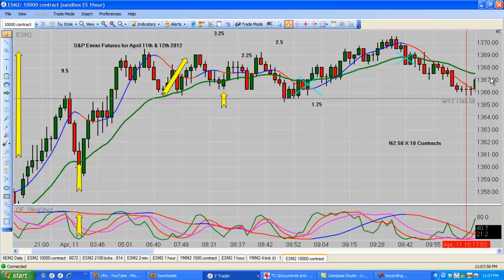Let's say you got slipped a couple ticks. So 8 trades with a 2-point stop loss, 8 times 2, 16. We'll call it 18 in case you got slipped a tick on every trade, which is totally not going to happen. But remember that number, 18.